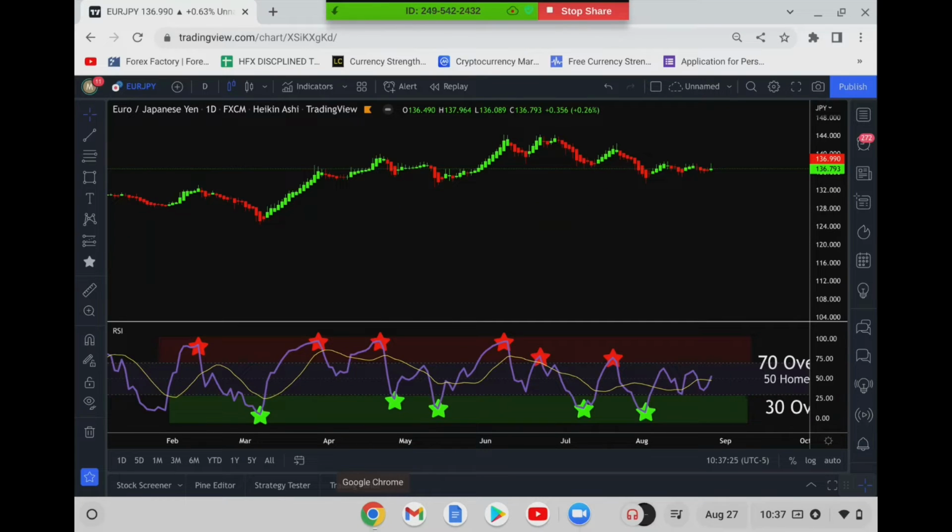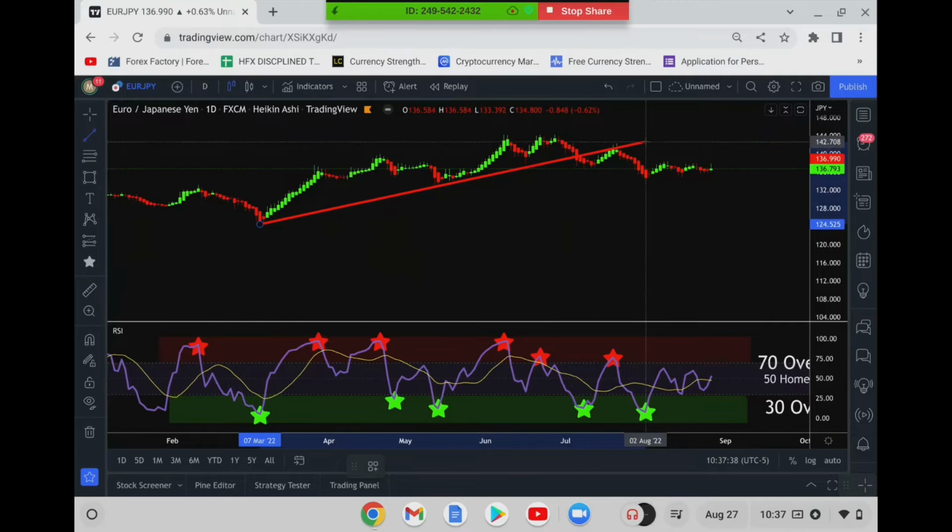When I look at the current chart, I can see that the market was buying. It was in an uptrend. Let me show you exactly what I mean. It was in an uptrend, but it broke that uptrend and is now consolidating. That's what we see happening right here.